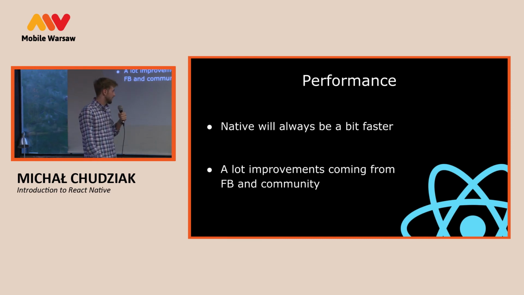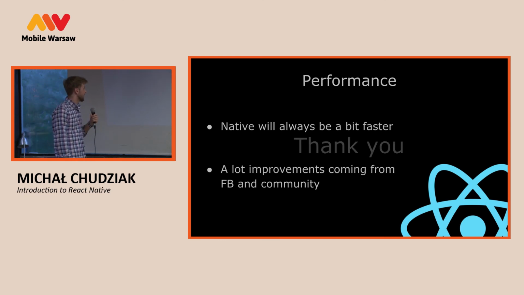But React Native has gotten a lot of improvements over the last 2 years, and it has a team at Facebook which makes it better and better. It has over 500 core contributors who contribute to React Native on a daily basis. It has a lot of issues, but we are trying to close them every day, and that's a good thing.